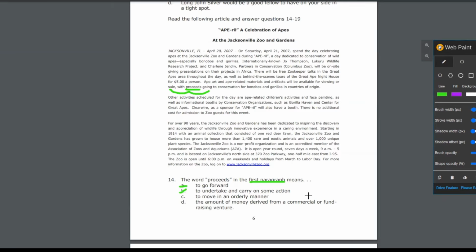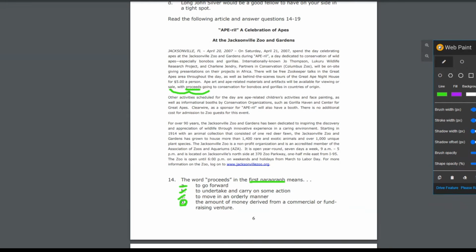All right, C, to move in an orderly manner. Same thing. These particular options keep talking about movement. That's another thing that lets you know those aren't the answers. If you have more than one answer that's saying the same thing, that means you can eliminate them. So you see how A says to go forward, and then C is saying to move in an orderly manner. It's still talking about movement, which means I can't be talking about both of those. So it leaves us with D, the amount of money derived from a commercial or fundraising venture.